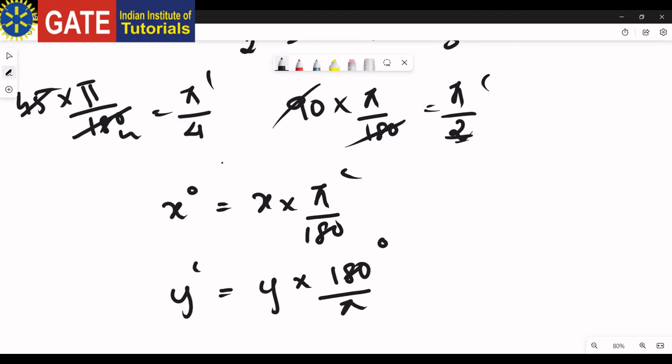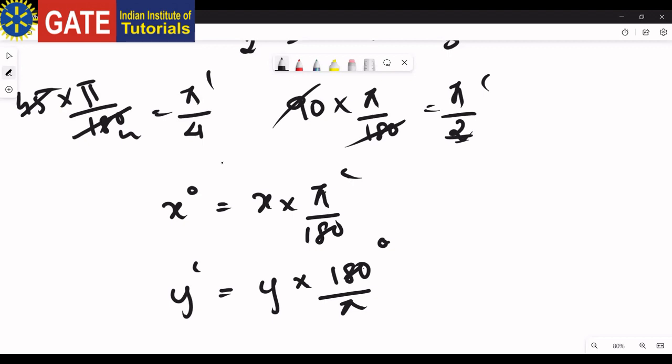Got it? You have to go for the reciprocal. If you go for the cross multiplication, then only you will get it in radian. If you have confusion, just remember, if pi comes in the numerator, then the answer should be in radian. So if you have to get the measurement in radian, multiply it with pi by 180.